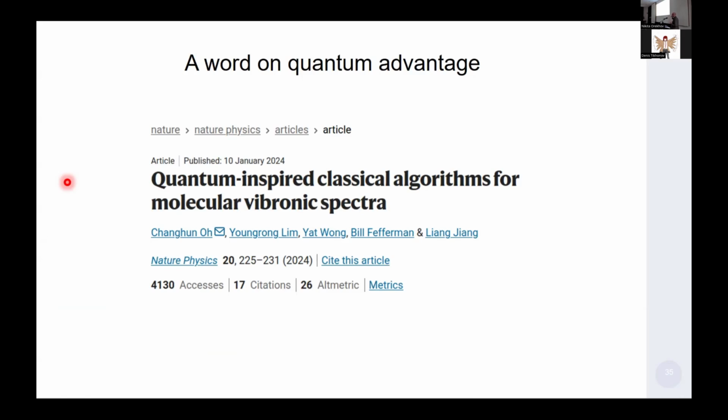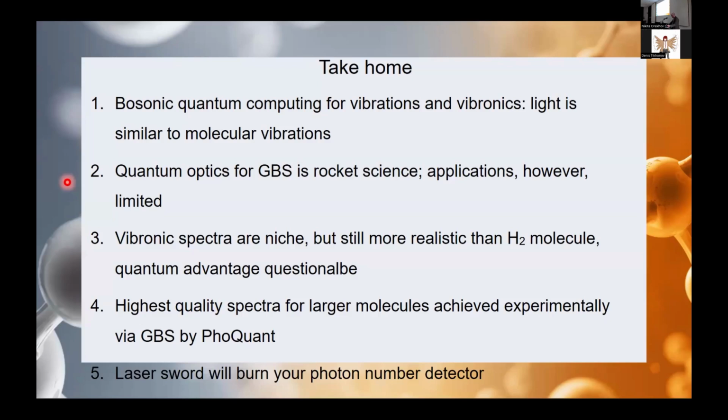Actually, based on the time-dependent formalism by Barone, known from classical quantum chemistry. So the quest for quantum advantage goes on. Probably it's not here.